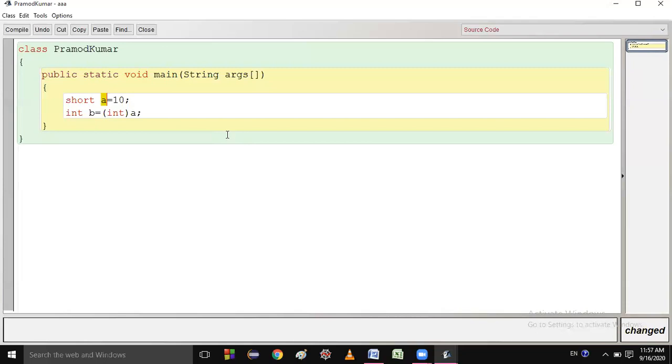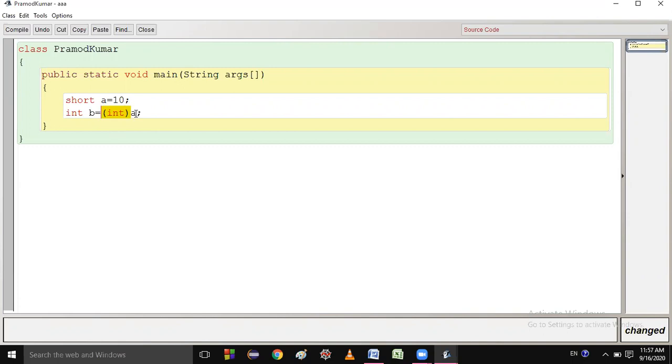And I am converting this short type to integer type. So I need to write which type we are converting to. We are converting to integer type, so I need to write int in the brackets. This is square brackets. Is it clear? Yes, sir.